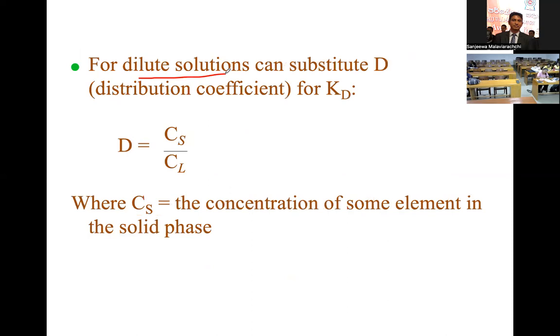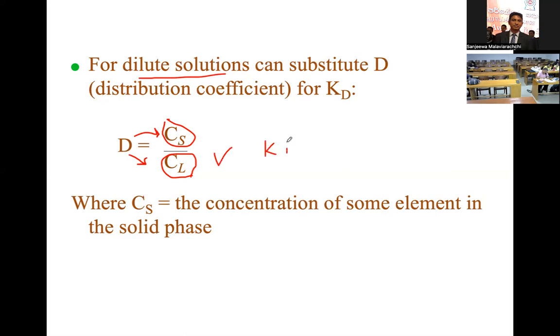There you can directly substitute the concentration ratio to calculate the distribution coefficient. That's why we call it distribution ratio rather than equilibrium constant. You are directly taking the concentration of that particular element in the solid divided by its concentration in the liquid, and that gives you the distribution coefficient.